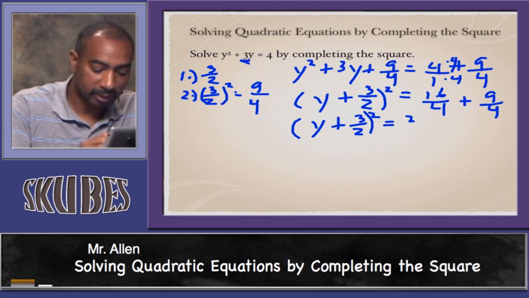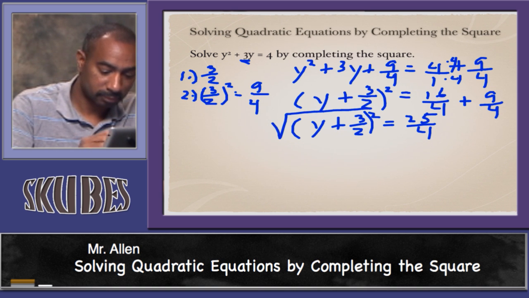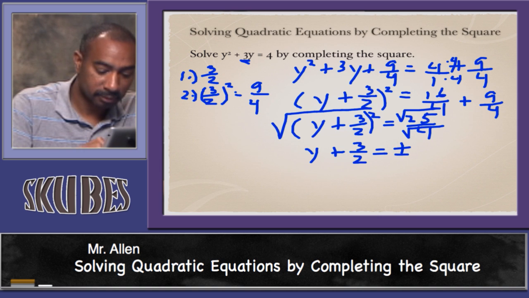This is going to be 25/4. And you can take the square root to both sides. So you're going to wind up with y plus 3/2 equals plus or minus 5/2.